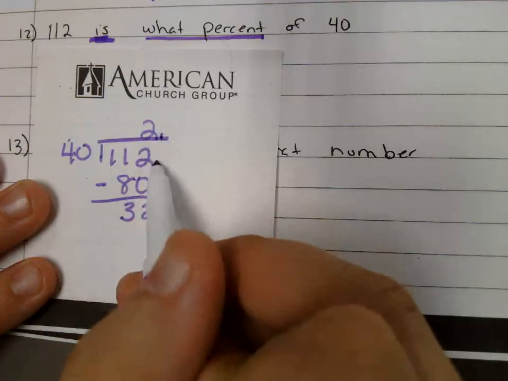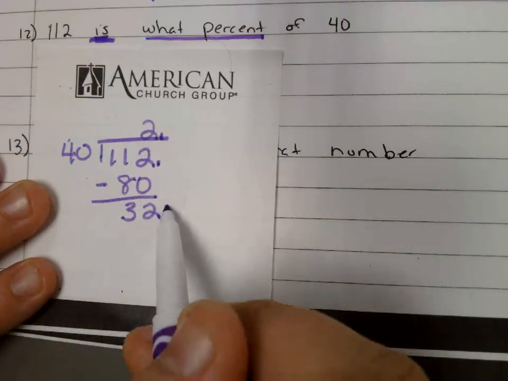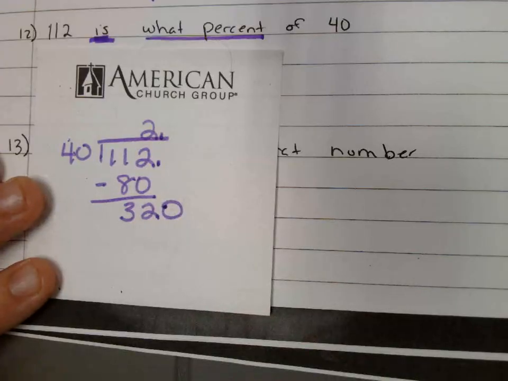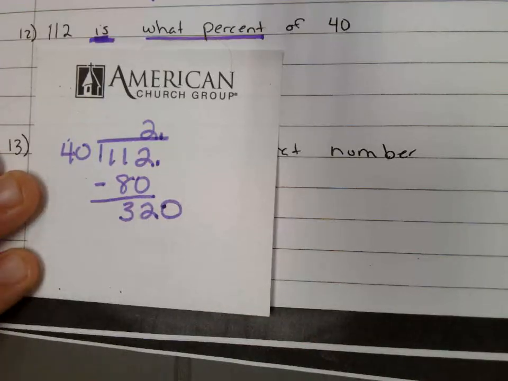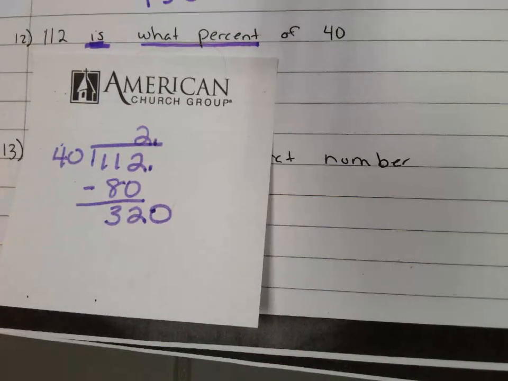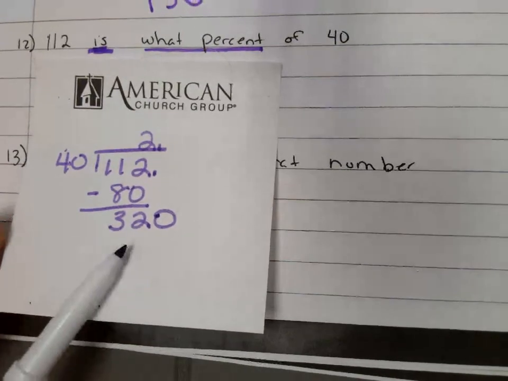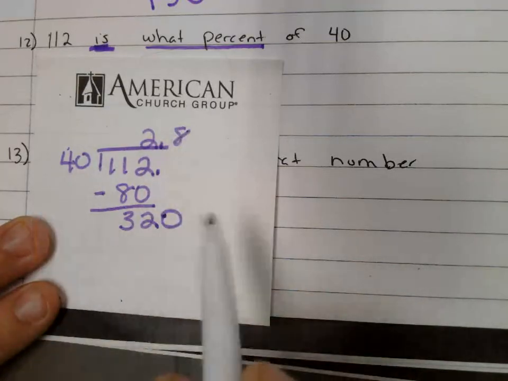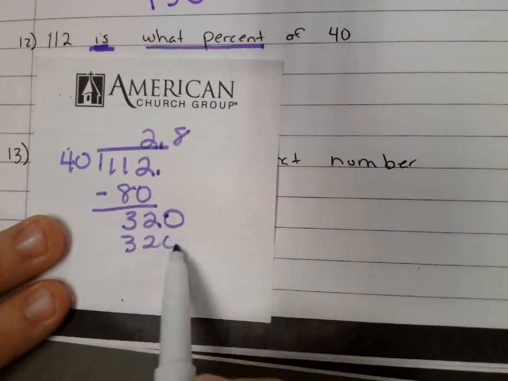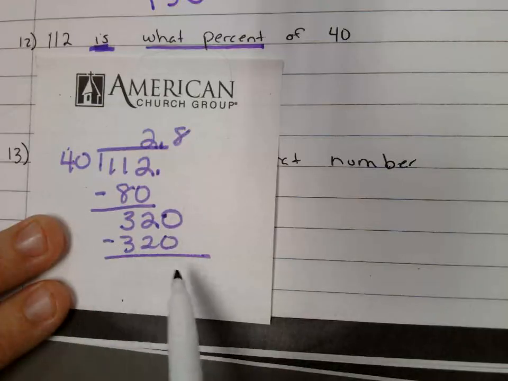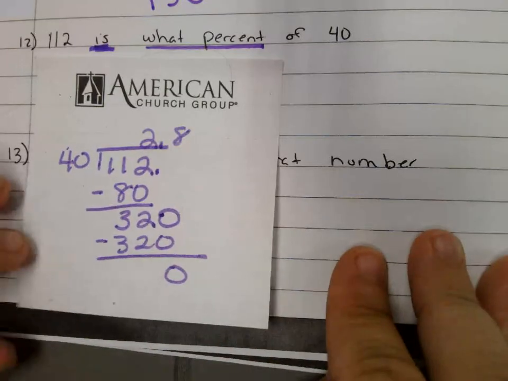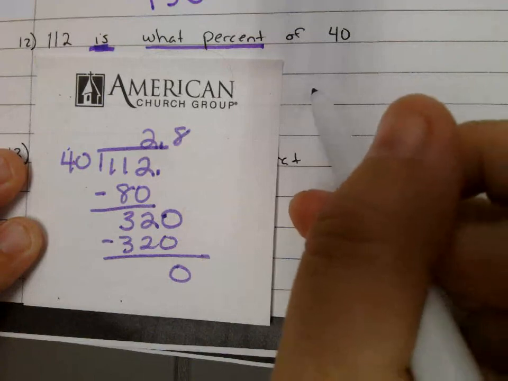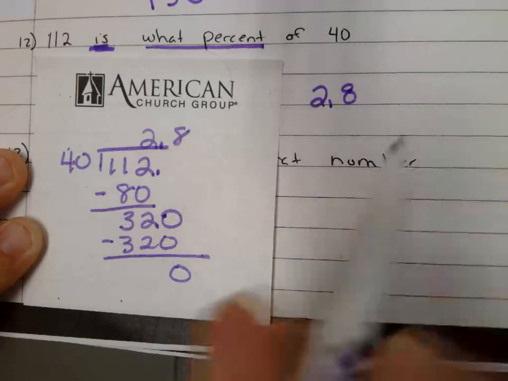Now, add a decimal, add a 0. Now, 40 goes into 320 how many times? How many times will 4 go into 32? 8. So 8 times 40 is going to give me 320. Subtract, and I get 0. So when I divide this out, I'm going to get 2.8.